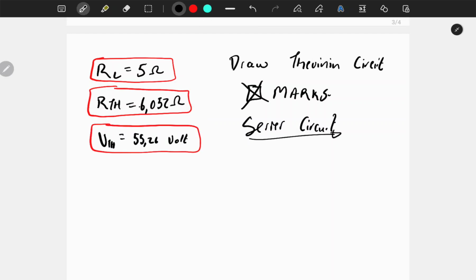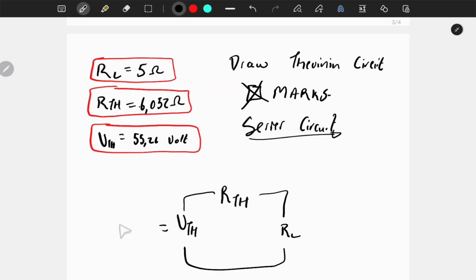So now you're going to draw your Thevenin circuit, VTH, RTH, and your load resistor. This is 55.26. This one is equal to 6.052, and then your load resistor is 5 ohms.